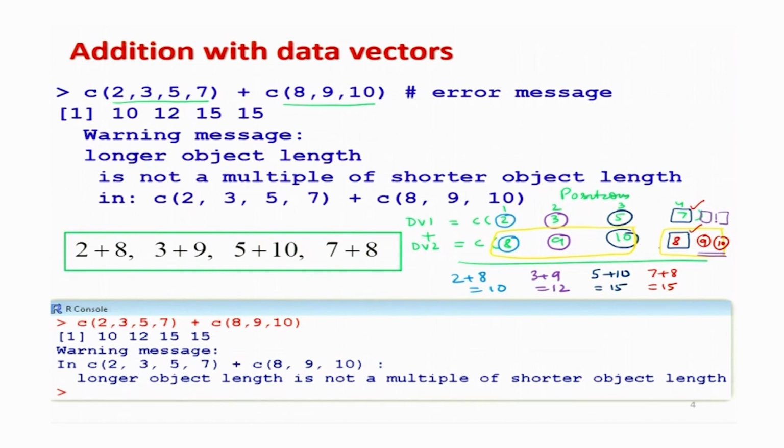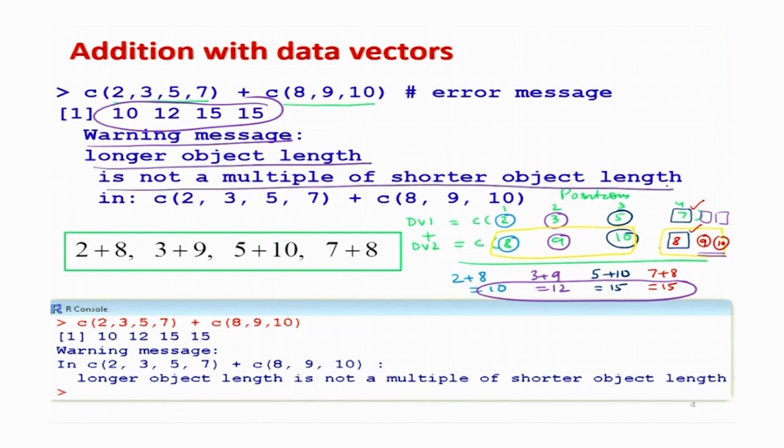But R does not want to move further, so R stops here and gives the answer 10, 12, 15, 15, as you can see. But it gives you a warning message, and the warning message says that the longer object length is not a multiple of the shorter object length.